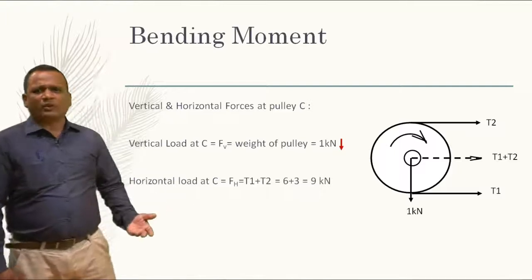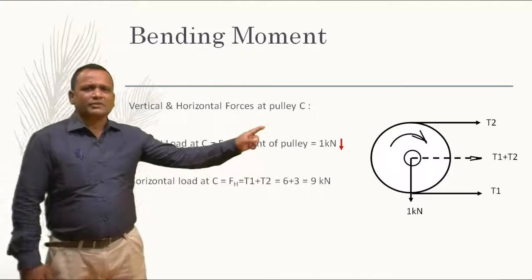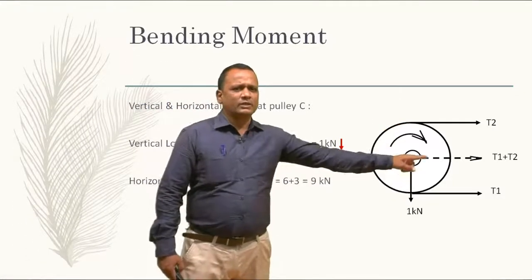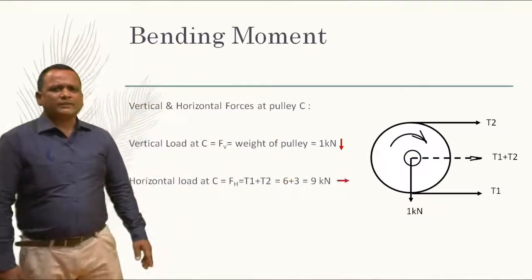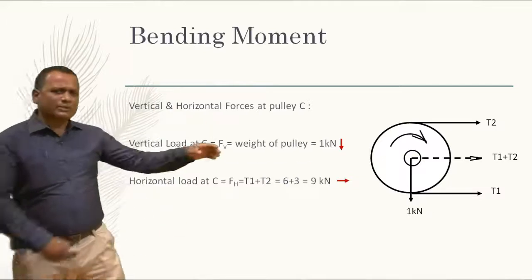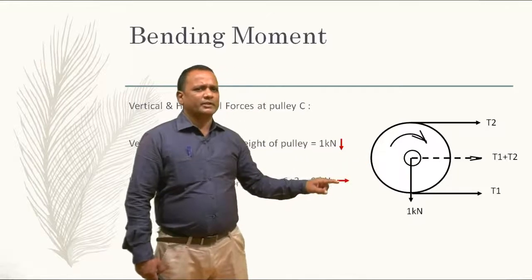Next, the horizontal load at the pulley C would be the summation of T1 plus T2, and this is a force. So 6 plus 3 is equal to 9 kilonewton, and the direction is towards the right side. Whatever direction I get here, I will note the same thing over here.